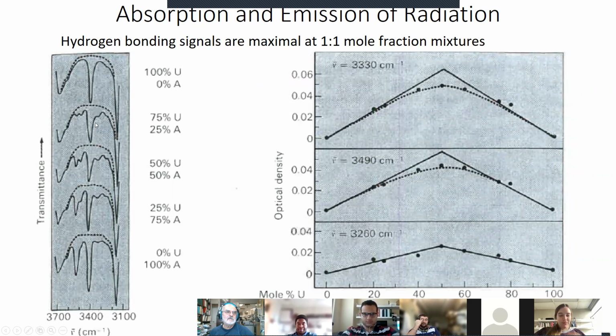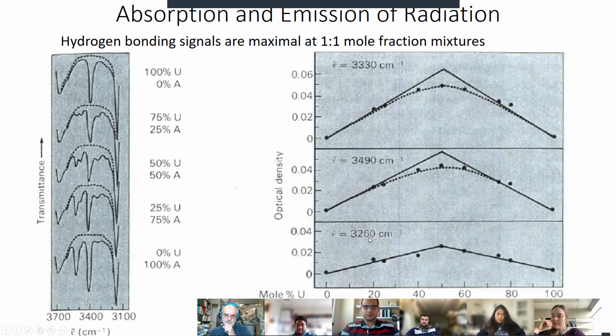And they looked at particular changes in the IR spectra. Again, transmittance, so the light is being absorbed. Okay, and then they plotted the peak position at various wavelengths as a function of the mixture. And what they found was that at 50-50, there was a peak corresponding to 3330 or 3490 or 3260.